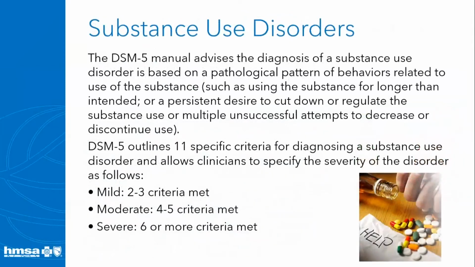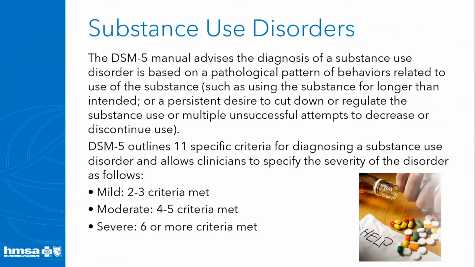The DSM-5 manual advises the diagnosis of a substance use disorder is based on a pathological pattern of behavior related to the use of the substance, such as using the substance for longer than intended, or a persistent desire to cut down or regulate the substance use, or multiple unsuccessful attempts to decrease or discontinue use.